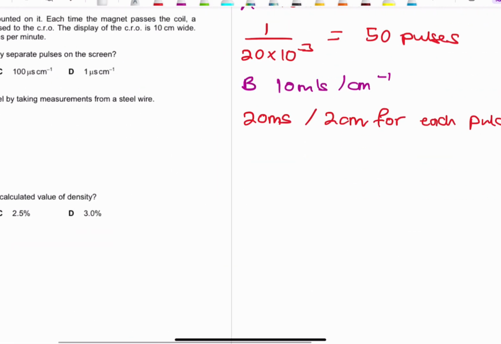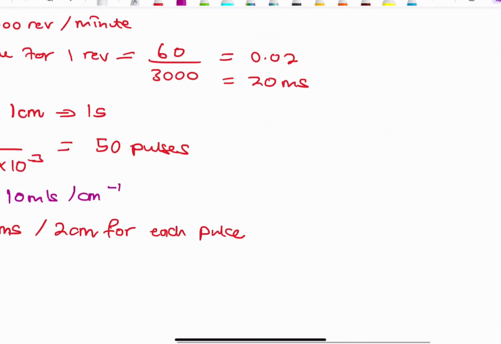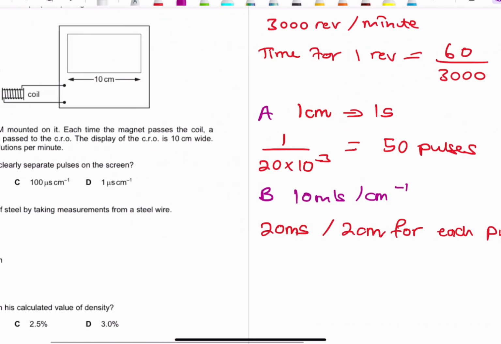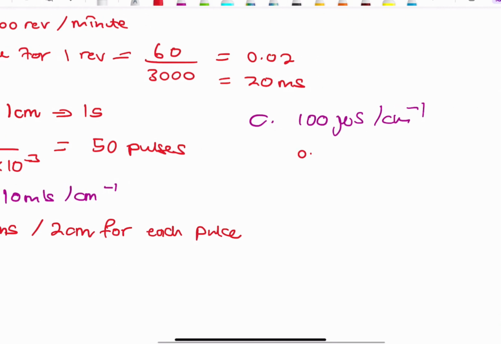But if we were to go to C, you'd realize that C is actually 100 microseconds per centimeter. So if you look at B, 0.02, if we divide it by 1 times 10 to the power of negative 4, we want to find if 0.02 is the time for one period.